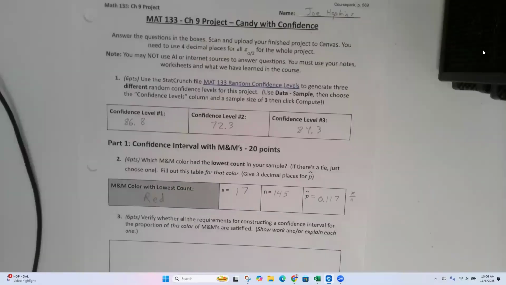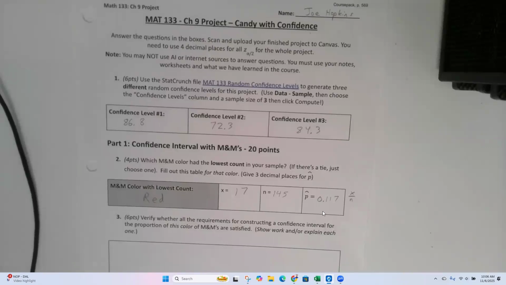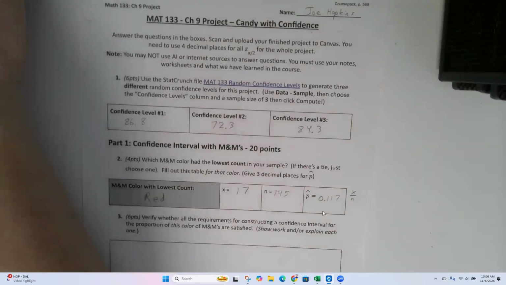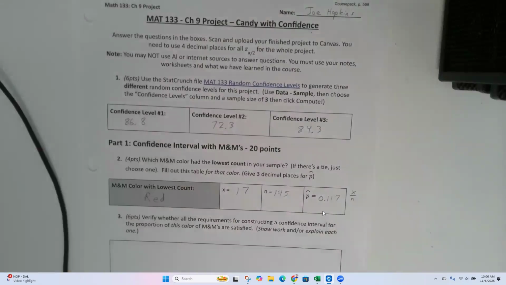Now, what we're going to do is we're going to use that to take a look at what the proportion of all candies, all M&Ms in the world would be for red. Okay.